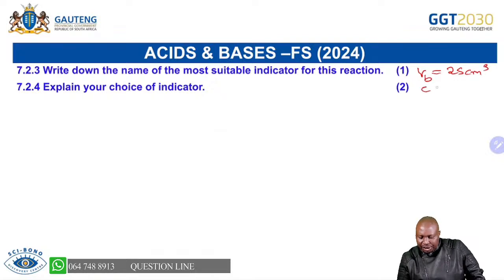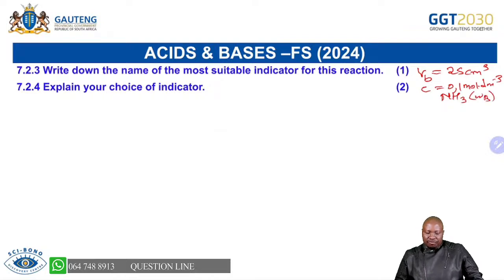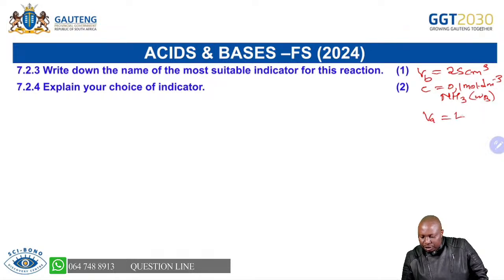We're given the concentration. If my memory serves me well, it was 0.1 moles per cubic decimeter. All these were given for ammonia, which we said was our weak base. And for HCl, we're given only the volume of the acid, which was 40 cubic centimeters.